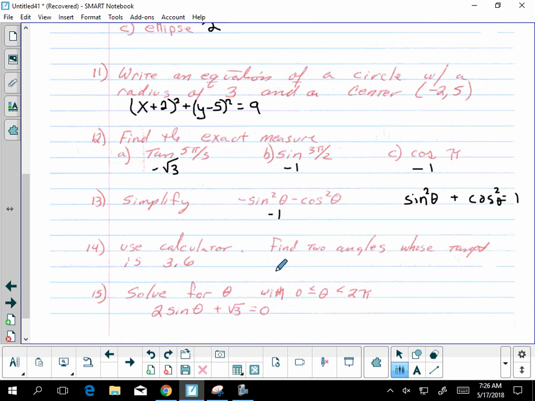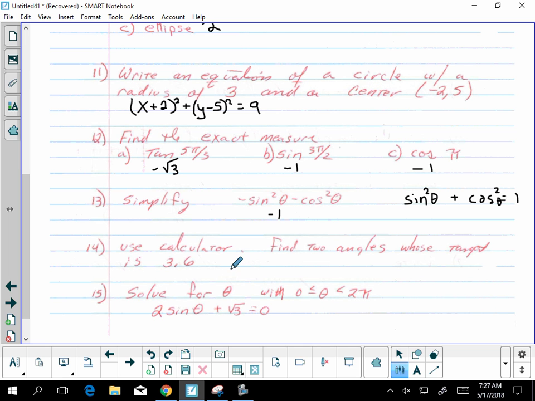All right, on this one, find two angles whose tangent is 3.6. Well, make sure that your calculator is in radian mode. That's going to be the number one mistake. And then you hit second tangent, 3.6.